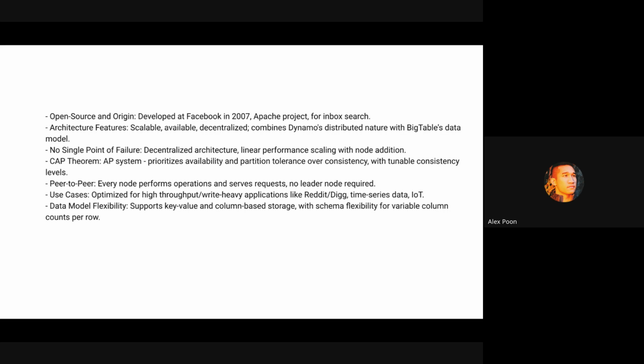In other words, data can be highly available with low consistency guarantees, or it can be highly consistent with lower availability. Cassandra uses a peer-to-peer architecture with each node connected to all other nodes. Each Cassandra node performs all database operations and can serve client requests without the need for any leader node.